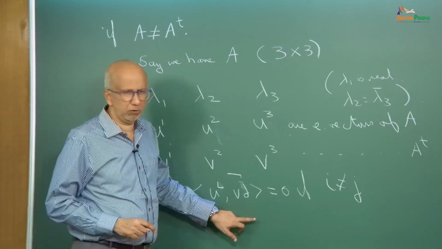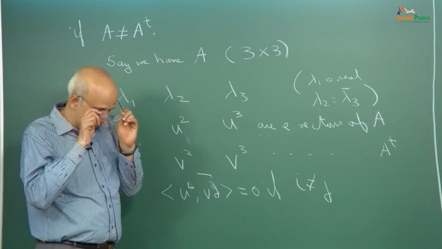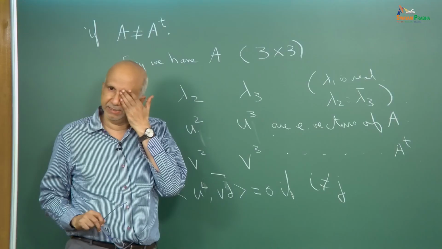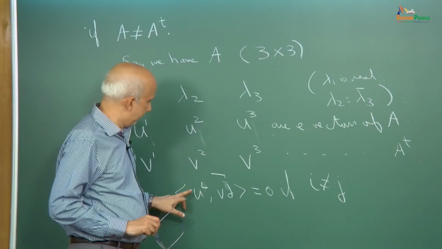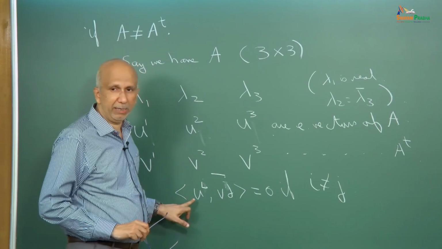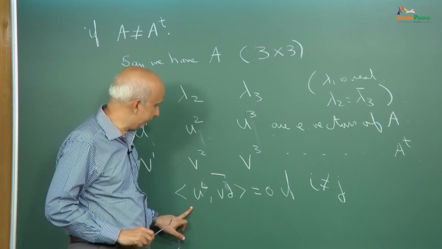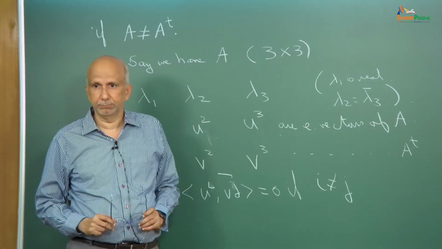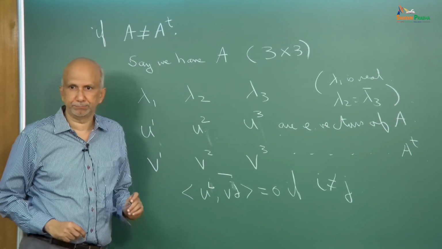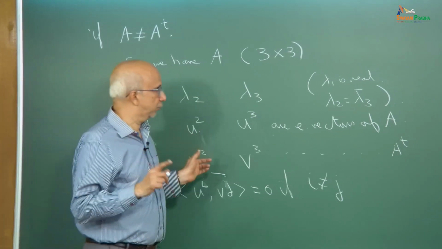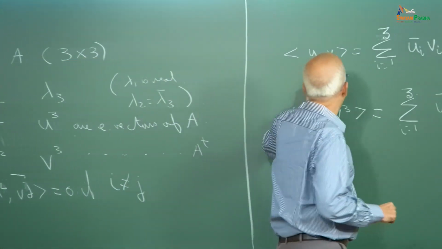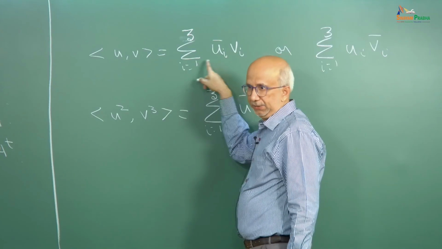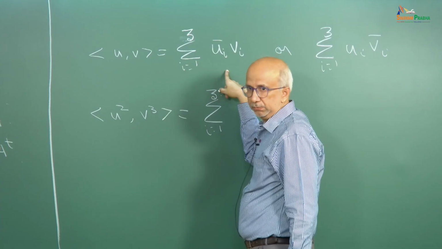So the biorthogonality condition, thank you for correcting me. I think the biorthogonality condition is the perpendicularity of the ith eigenvector with the complex conjugate of the jth vector. Let us not confuse the issue, let us say this is what it is. This is how I am defining my inner product.